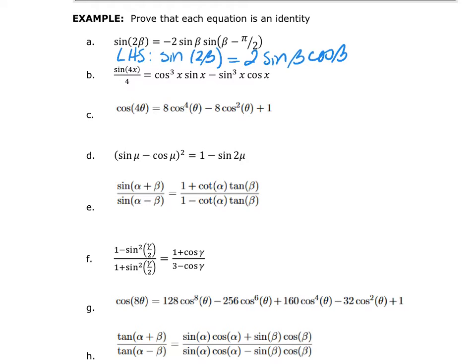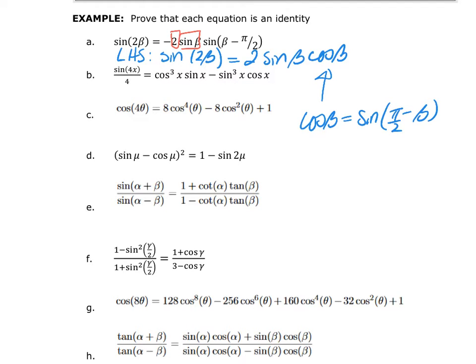So I have a 2, and I've got the sine of beta. What I need is another sine. So I have a cofunction identity, and the cofunction identity for this is the cosine of beta is equal to the sine of pi over 2 minus beta.